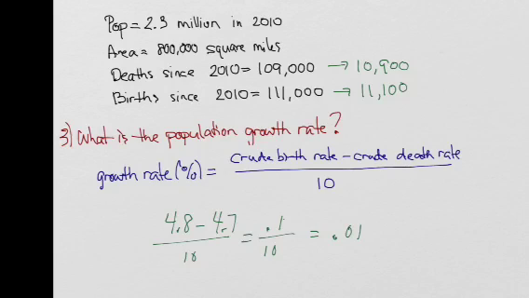And that is the actual percent. We don't have to do any more changes. So we're talking about a 0.01% growth rate. That's because the number of deaths and the number of births are relatively similar. They aren't very far apart. Look at this back here: we're talking just a difference of 200 people per year out of 2.3 million. So it's a pretty small amount, and that's why that number is low, 0.01%.